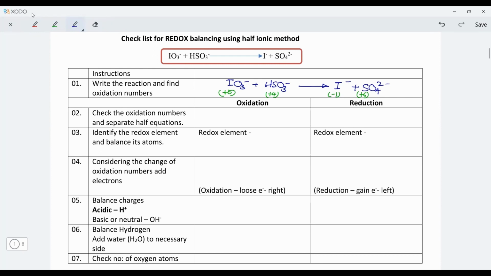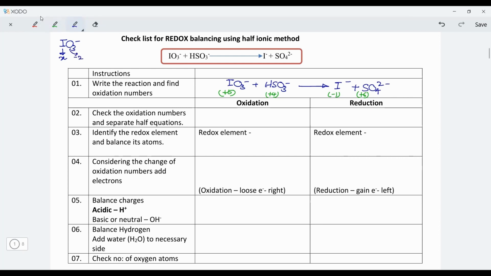So let's take IO3 minus. We need to find the oxidation number of iodine. That is the unknown oxidation number, so let's take it as x. Normally, you know oxygen's oxidation number is most of the time minus 2, right?